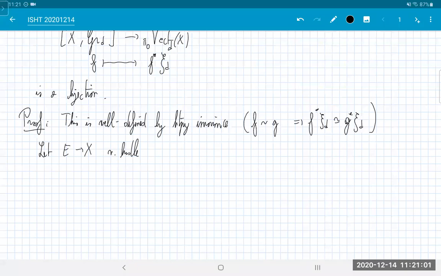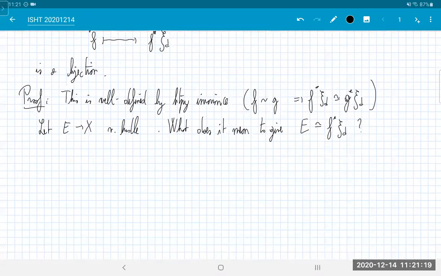Okay, so now we have a vector bundle. So what does it mean to give a map, to give an isomorphism like this? Well, remember, phi upper star psi d is exactly this fiber product.